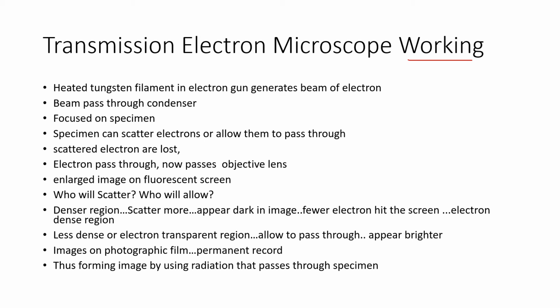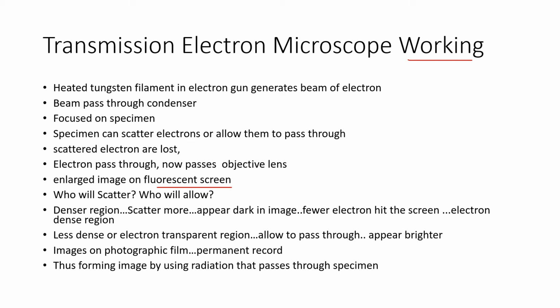No image formation from scattered electrons. But those electrons that pass through the specimen will now pass through the objective lens. And finally, we have the enlarged image of the specimen on the fluorescent screen. But wait, who will scatter and who will allow the electrons?